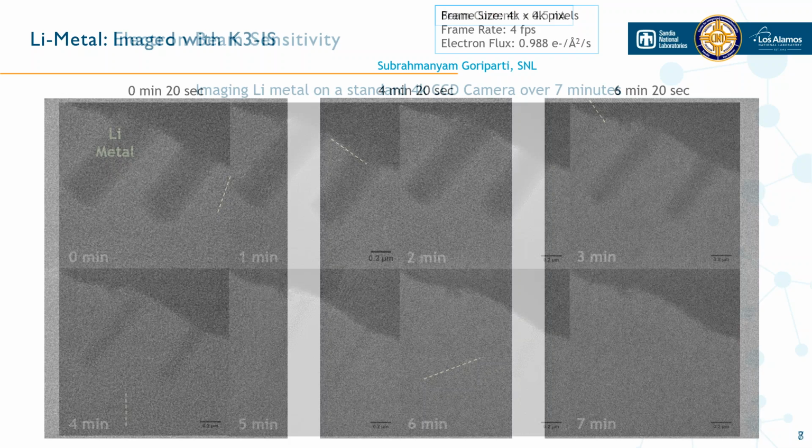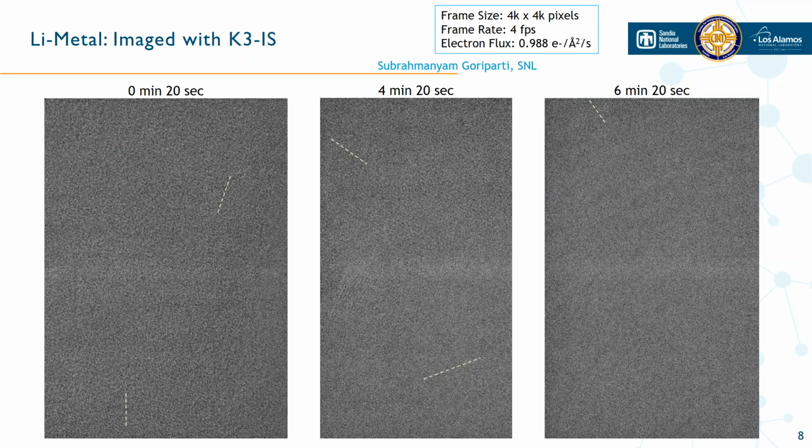what you can see here is there's very low contrast in these images, and I tried to add some lines in here, but this is imaging the same lithium metal at a much higher magnification. You're seeing here that there's lattice in these images.